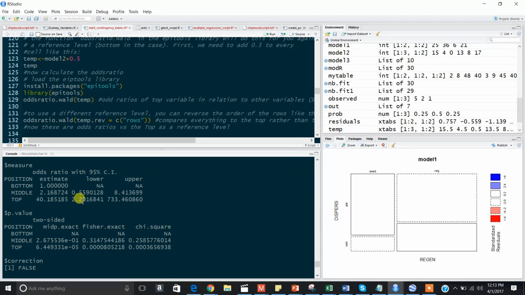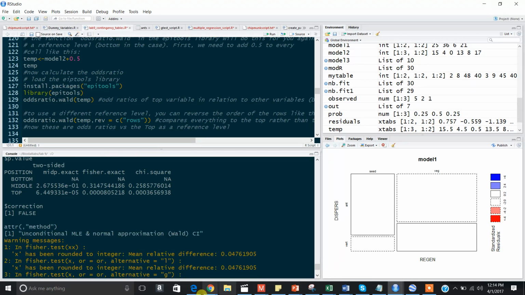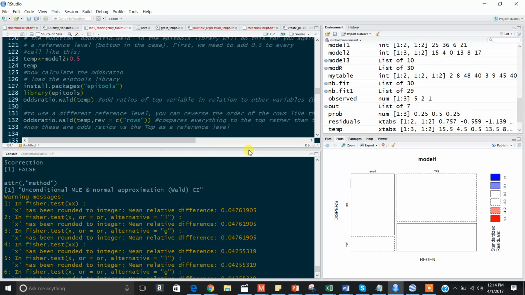So given this odds ratio, the odds of having plant decay in middle versus the bottom, I think it's this value here, and then top versus bottom would be somewhere in this range here. Okay, and the reason why this is yelling at us is because we get a really low value for Fisher's test, but again, that's more of a warning than anything.